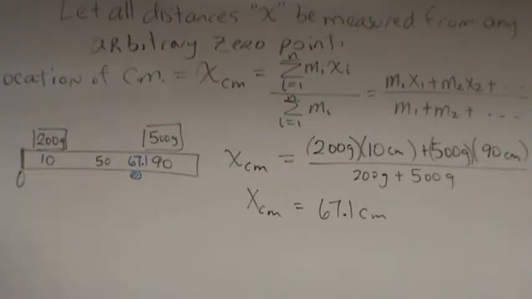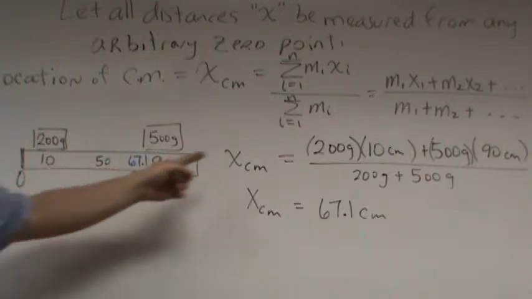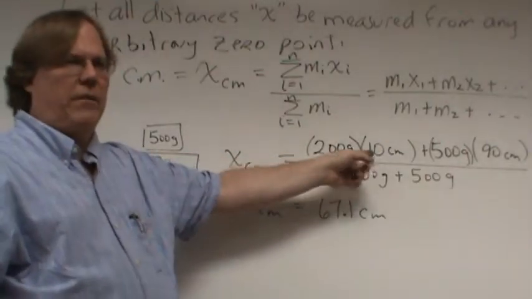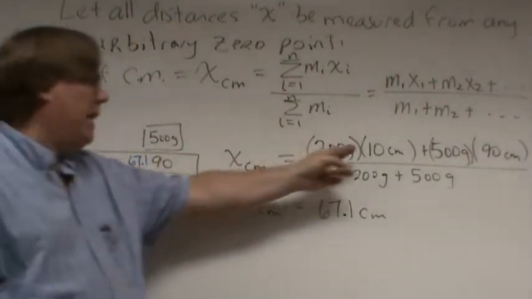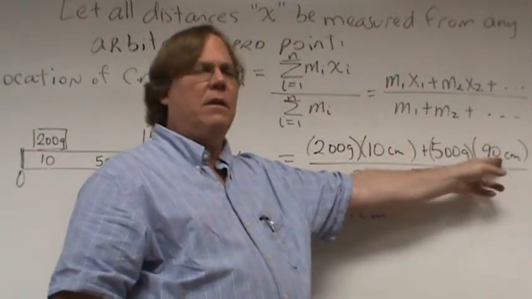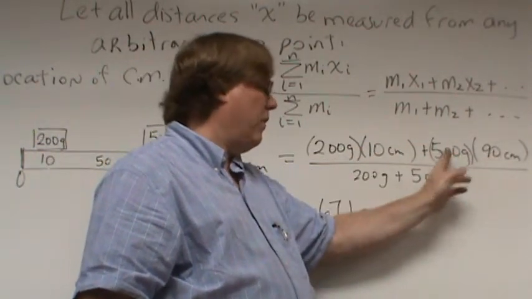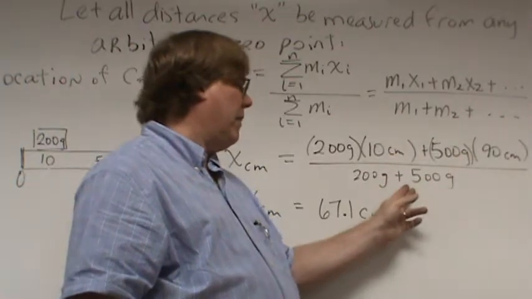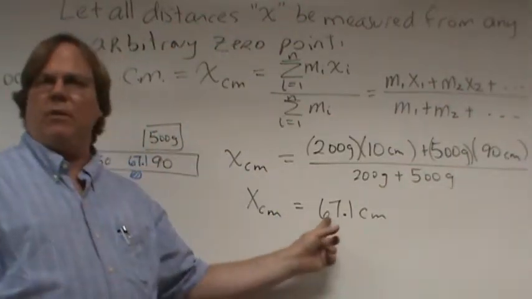By the way, would I have gotten a different answer if I chose 10 to be my arbitrary 0 level? No way, because now this becomes a 0. If 10 is my arbitrary 0 level, that's a 0 and that's an 80, and I end up with 500 times 80, which is 40,000, divided by 700, and I get 67.1.